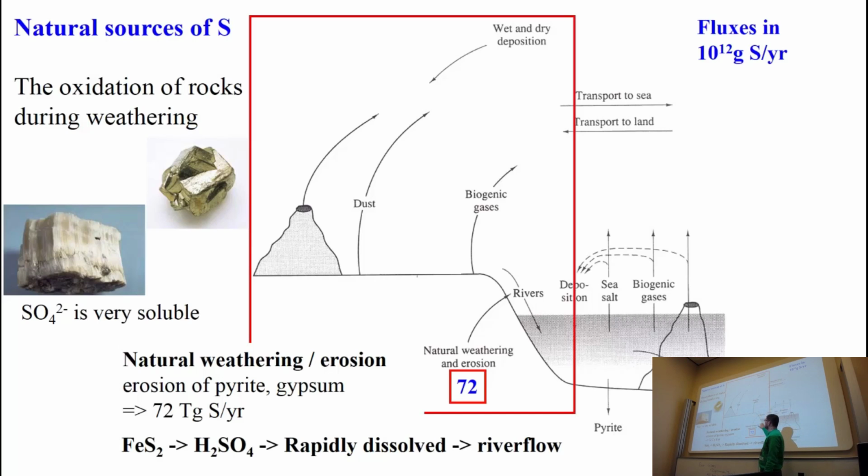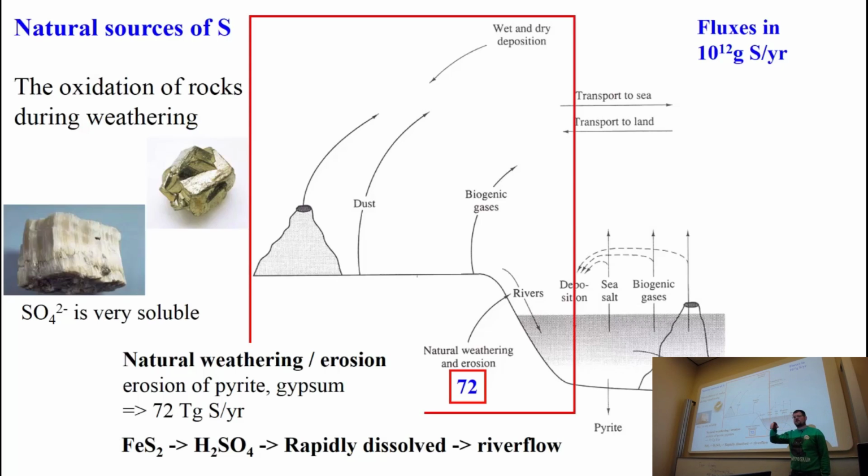And rocks that have got pyrite in them, whenever those rocks get to the surface, into that weathering zone, they become oxidized rapidly, because pyrite is only really stable in reducing conditions. So that acts as an easily weatherable source of sulfur. So the flux there, 72 teragrams of sulfur a year, quite high.